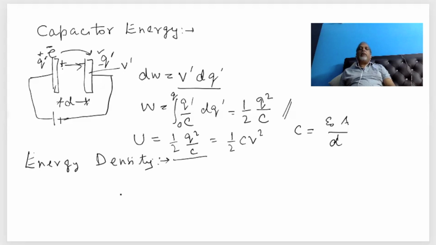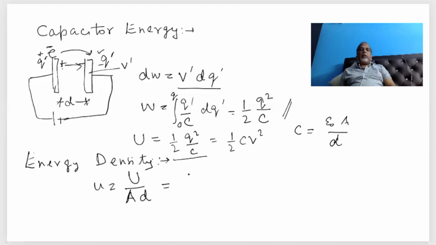Energy density is defined as potential energy per unit volume. Volume is A, which is the area of the capacitor plate, into D. It is the volume between the plates. So this is basically the energy density.